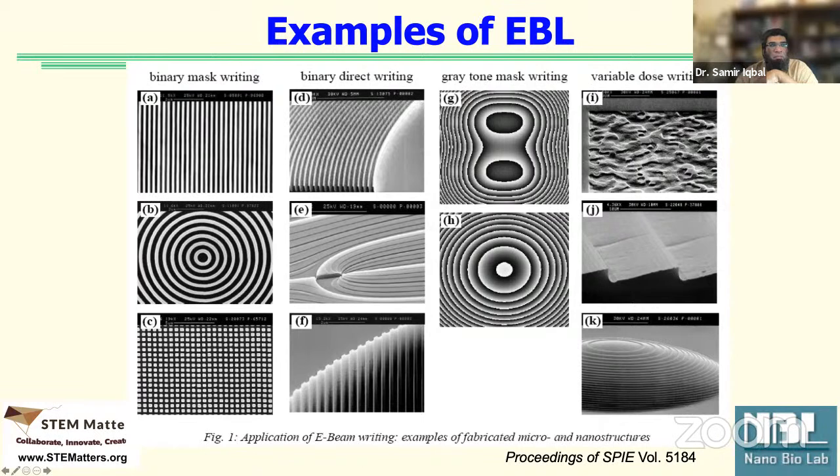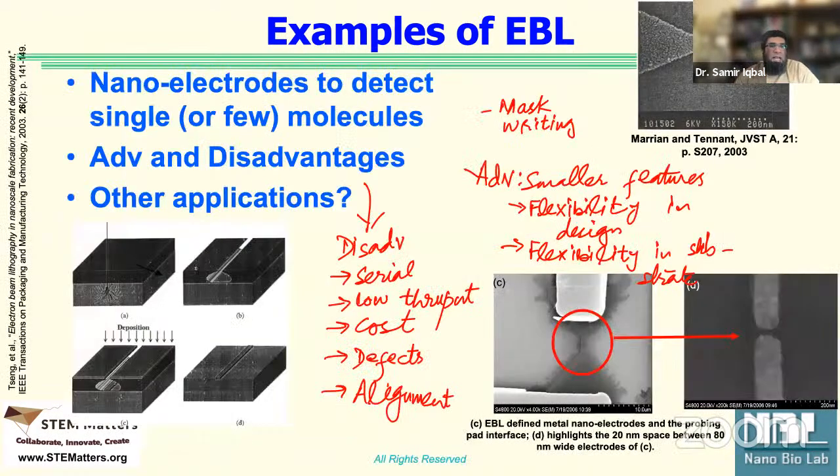We have worked with E-beam lithography as well. We have made nano electrodes to detect molecules, DNA molecules, proteins, biomarkers, cancer biomarkers for that matter. So this right-hand lower picture is something that I made. Here these gold features are about 10 to 15 nanometers apart.